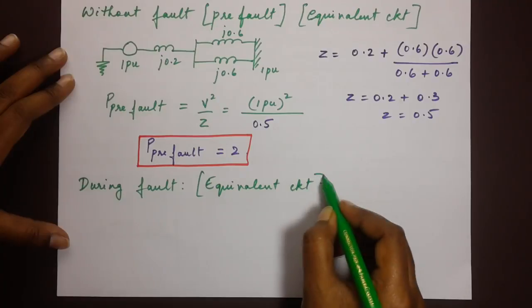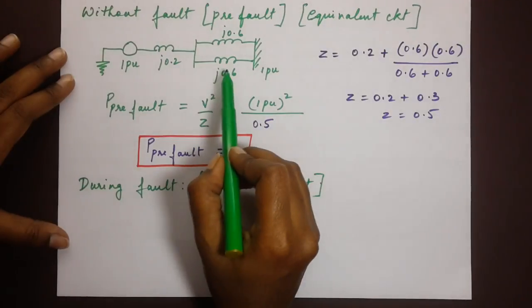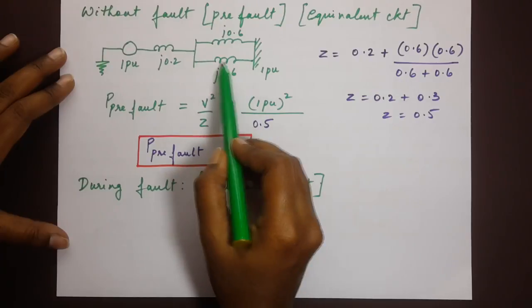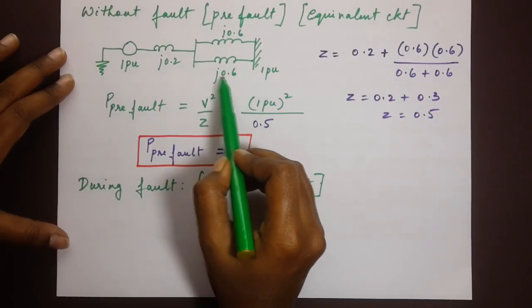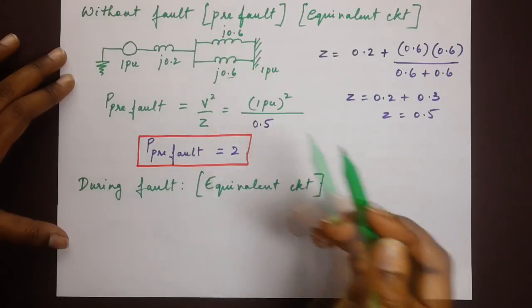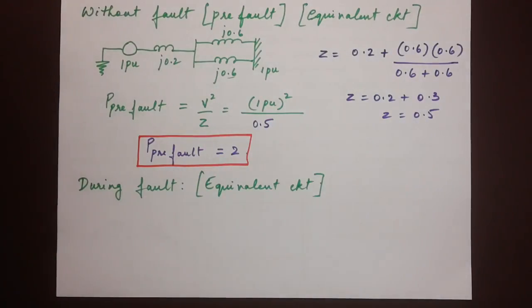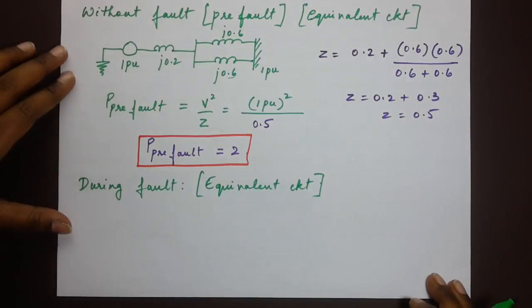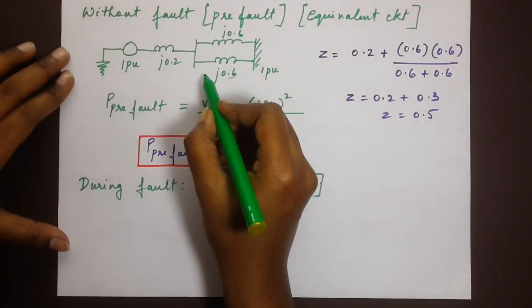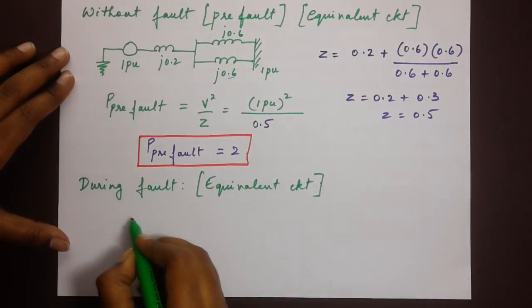The question says that the fault occurs somewhere in the middle of the second line. So when it occurs in the middle of the second line, the impedance is split into two. You can take any two values, but make sure that the values correspond to the fault occurring somewhere in the middle. Because the word middle is used, I am going to split this 0.6 into 0.3, 0.3.